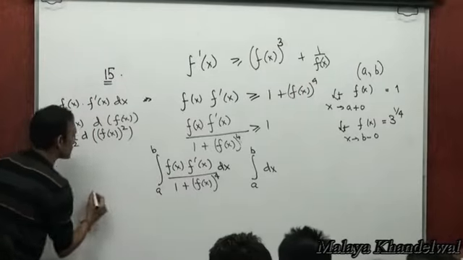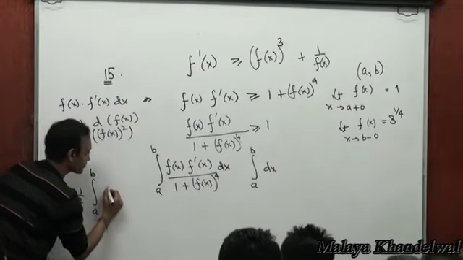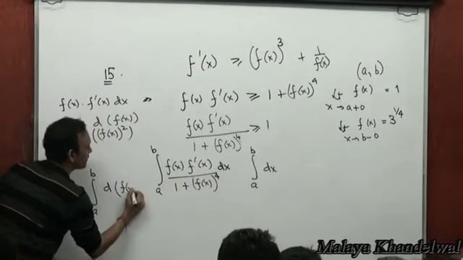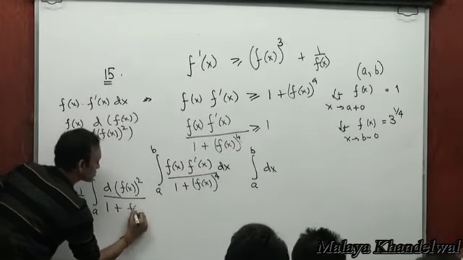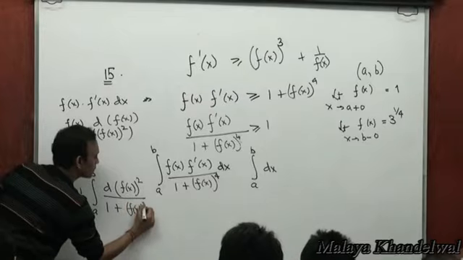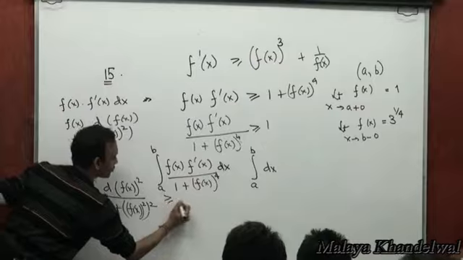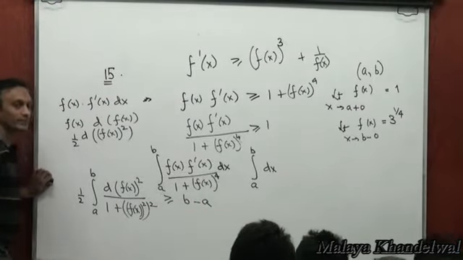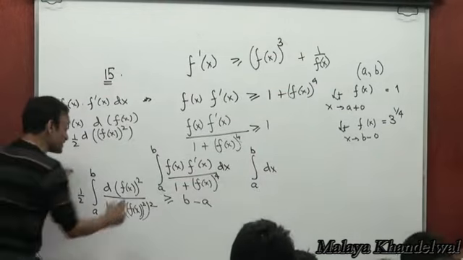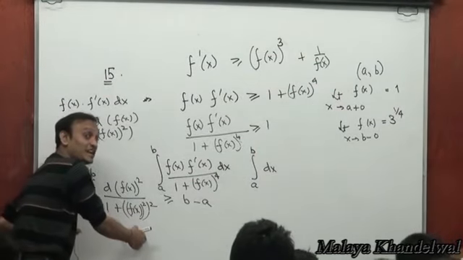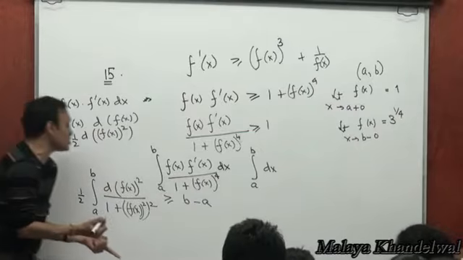So this left hand side is half of a to b d of f x whole square by 1 plus f x whole square greater than or equal to b minus a. So b minus a will be less than or equal to this. That means this will be the maximum value of b minus a. Yes or no? This will be the maximum value of b minus a, and this is easy to integrate.